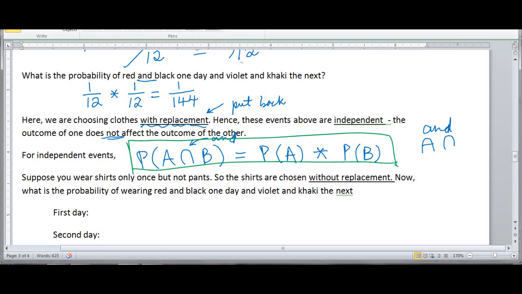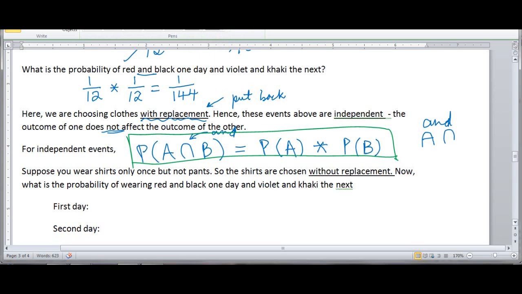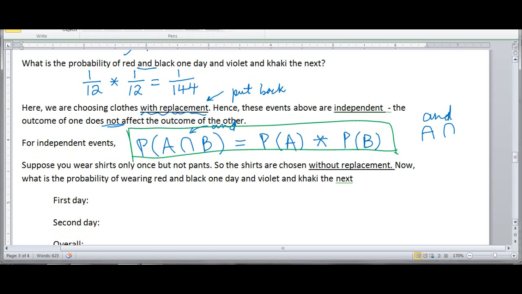Okay. Suppose you wear the shirts only once, but not the pants. So the shirts are chosen without replacement. I wear a shirt once and I'm not replacing it. I'm not putting it back. Now, what is the probability of wearing red and black one day and violet and khaki the next?